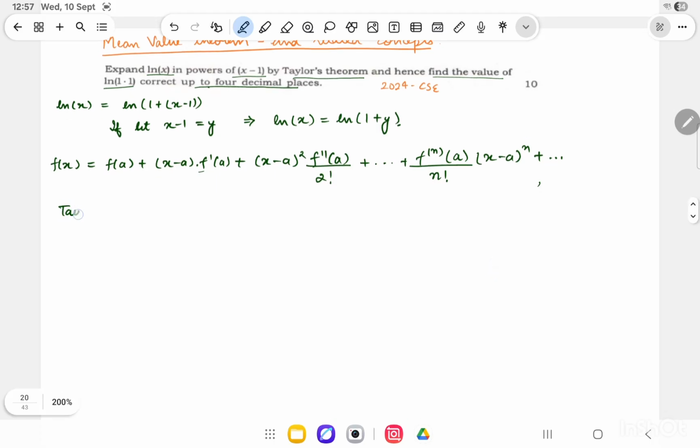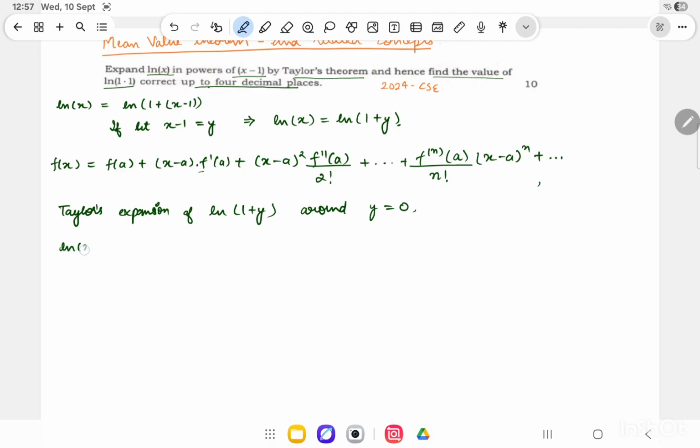So the Taylor's expansion of ln(1 plus y) around y equals 0 will be basically, f(x) is ln x only.